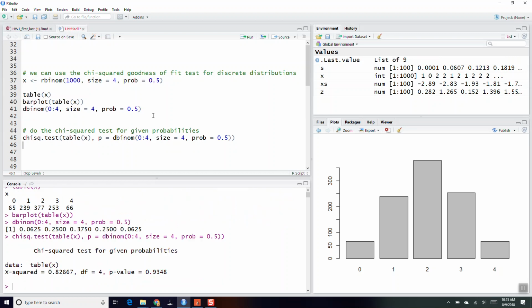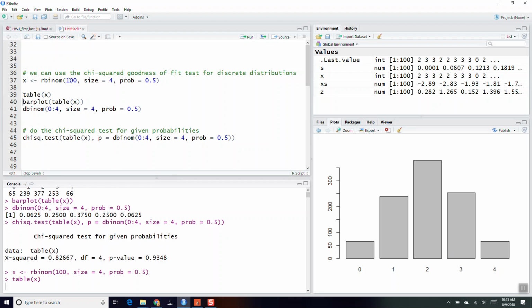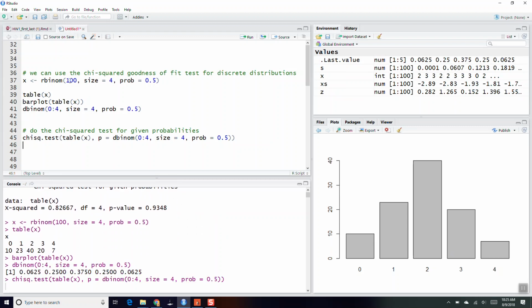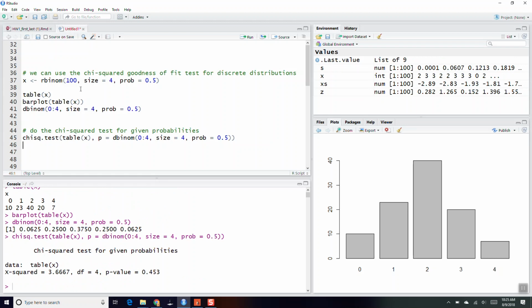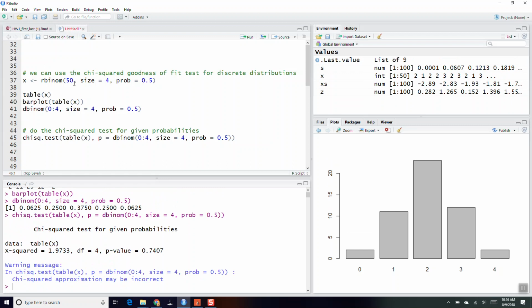When we do this, it tells us that if the true probabilities are defined by dbinom, then the probability that by random chance we get something that looks like our data is around 93%, 94%. Now, when you do your test, you might run into a problem. So here's with 100, but let me just try it with something like 50.